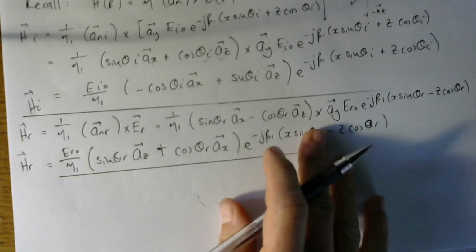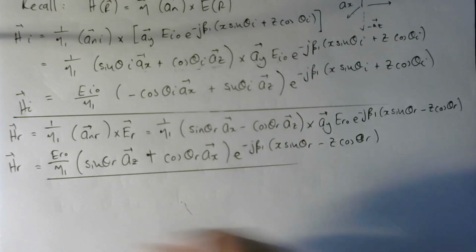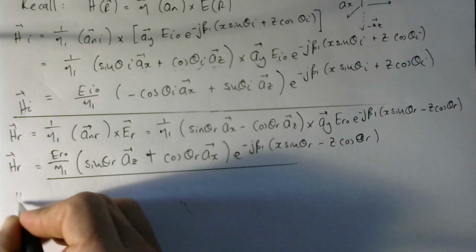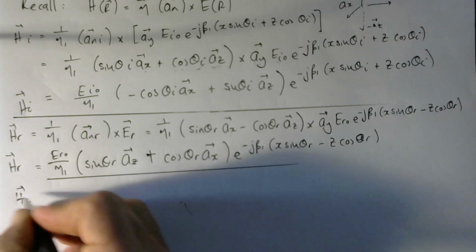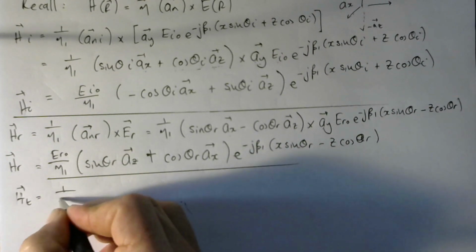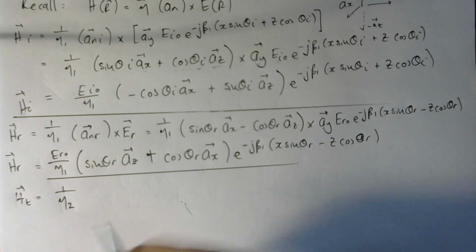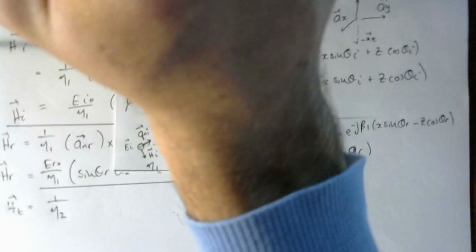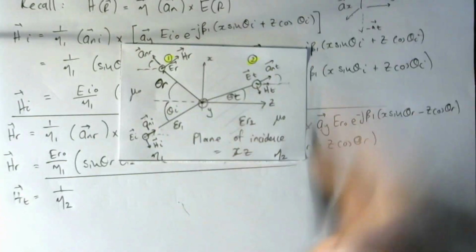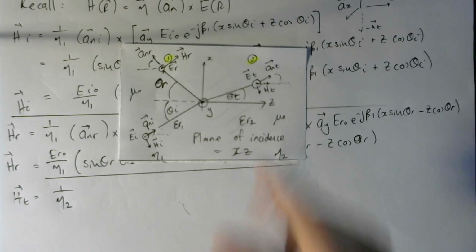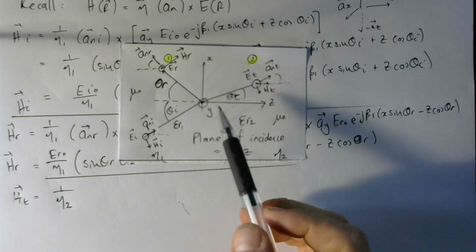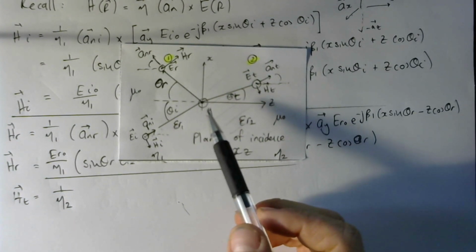Transmitted field works exactly the same. HT. The only difference is now I work with eta 2, the intrinsic impedance of, sorry, my makeshift camera system is vibrating. It's a wire, blow dart as we call it, that I built with a webcam.